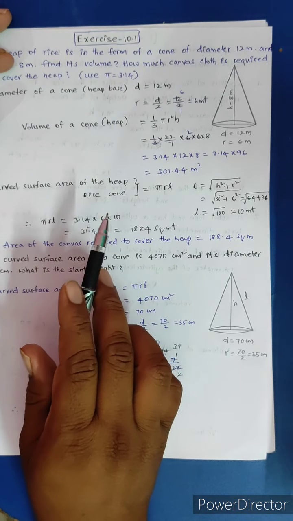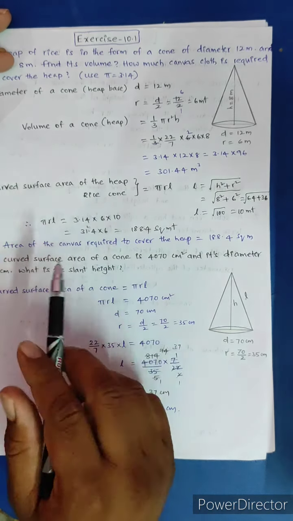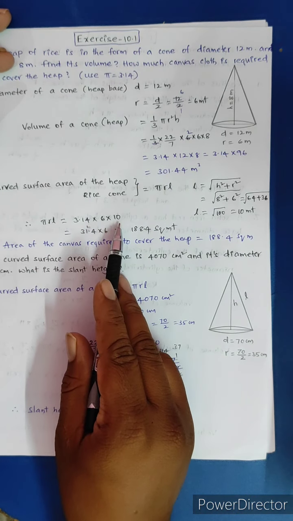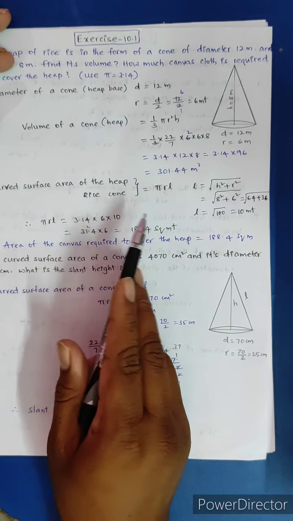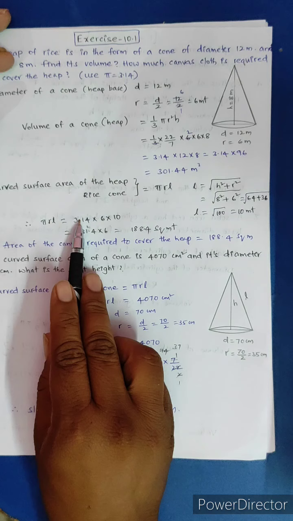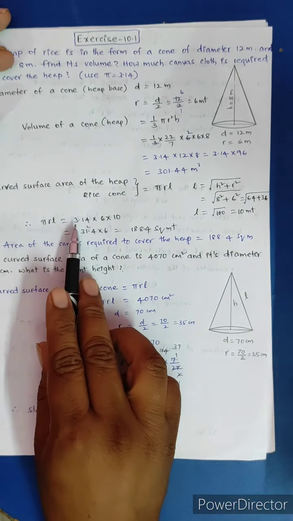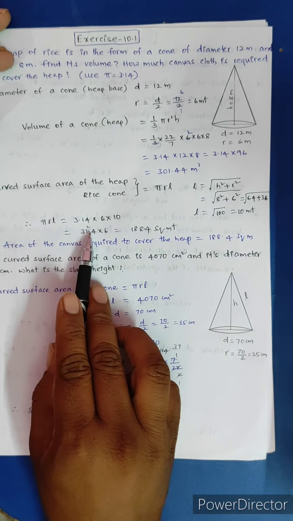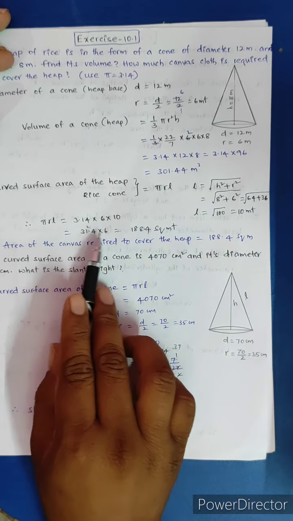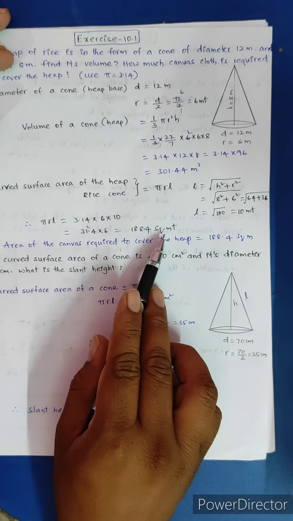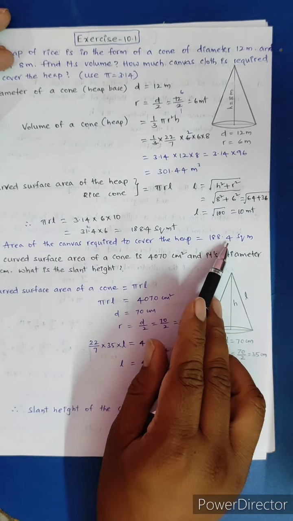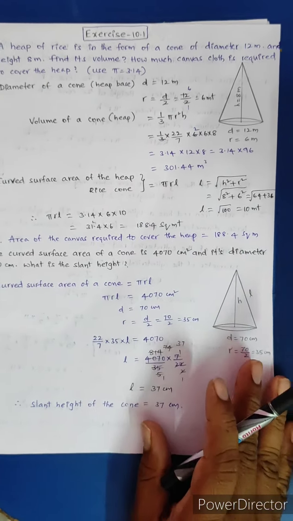Curved surface area pi r l is 3.14 into 6 into 10. After multiplying any decimal number by 10, the decimal point goes right, so 3.14 becomes 31.4 into 6. 6 fours are 24, 6 ones are 6 plus 2 is 8, 6 threes are 18, so 188.4 square meters. Area of the canvas required to cover the heap is 188.4 square meters.